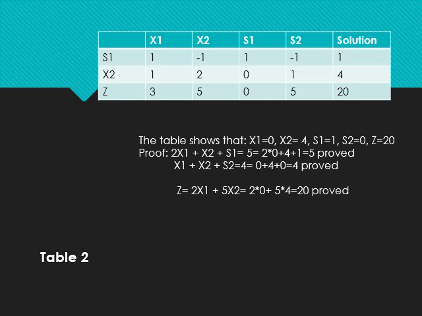Let's check it. There is no x1, that means 0, plus 2x2, x2 equal 4, plus s2 equal 0. 0 plus 8 plus 0 equal 8... okay, x2 equal 4 in the objective: Z equal 2 times 0 plus 5 times 4, with x2 equal 4, equal 20. Proved.